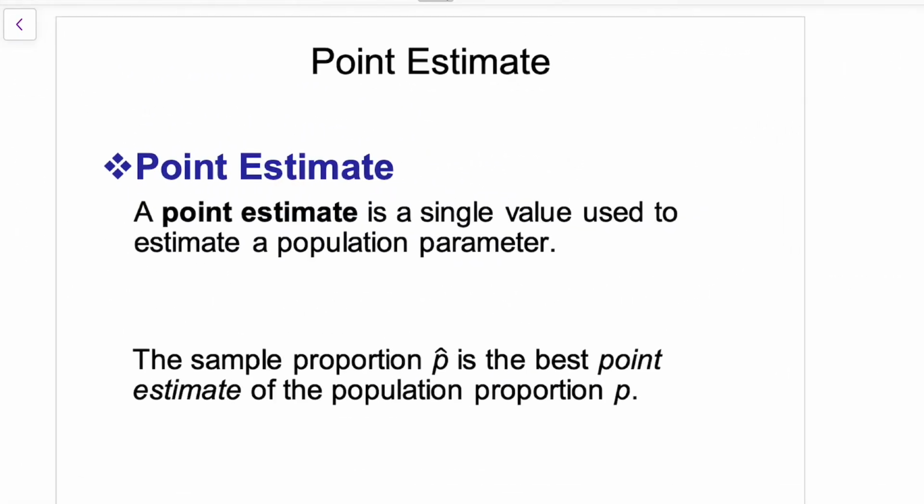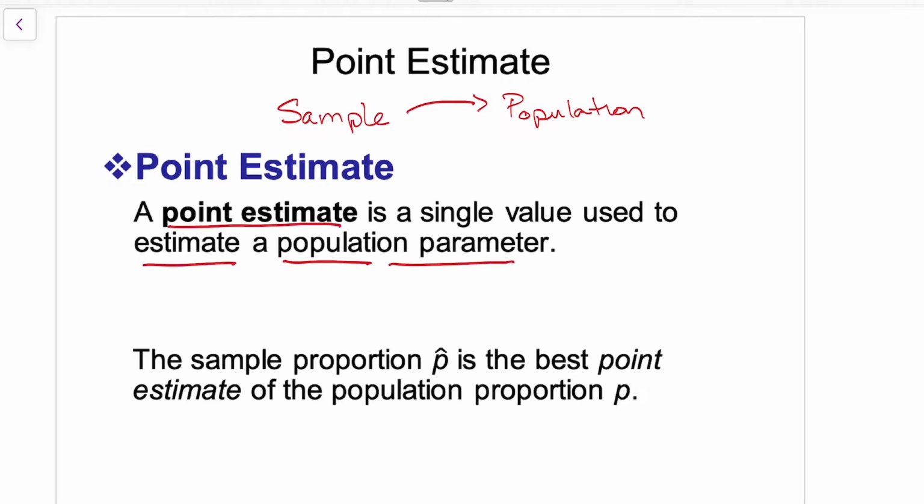In these examples, we will be given information about a sample and want to point towards a population statement. And so what we need is some estimator from our sample to give us information about a population parameter. This estimate is what we call the point estimate.